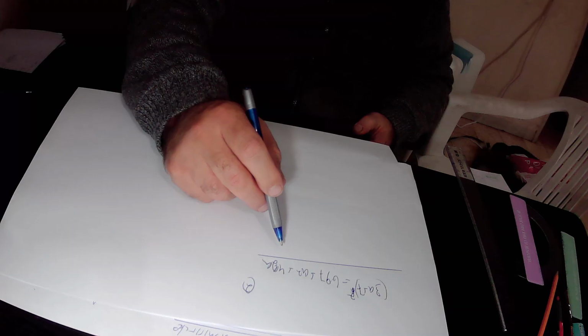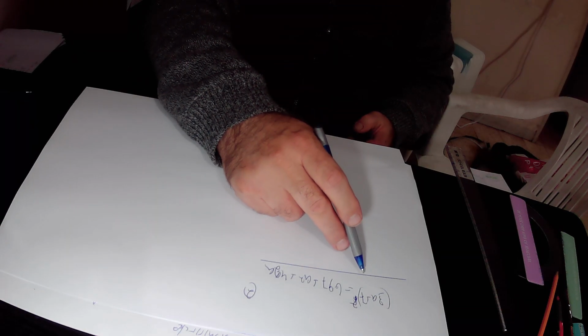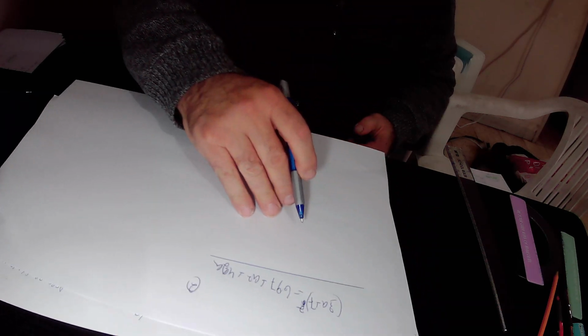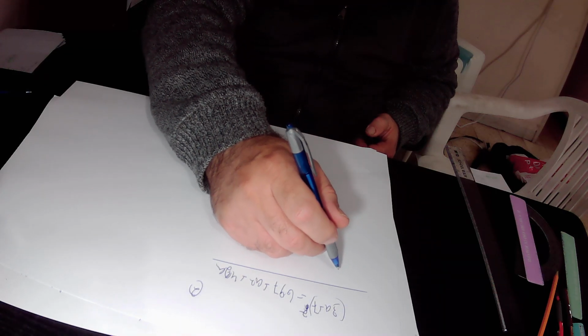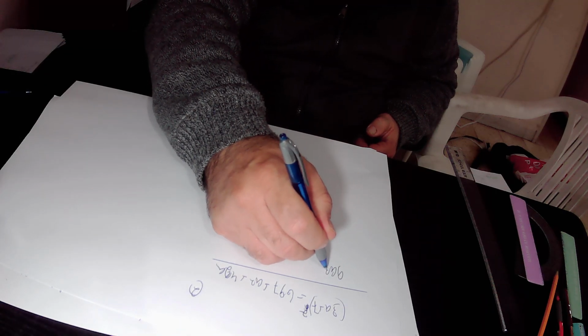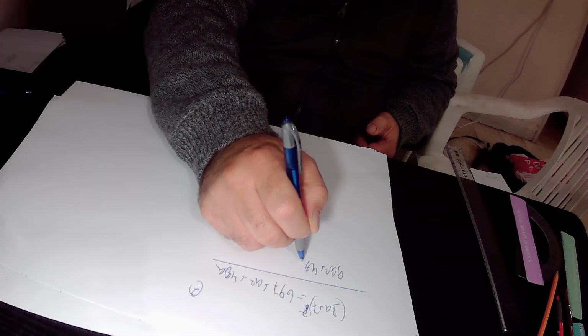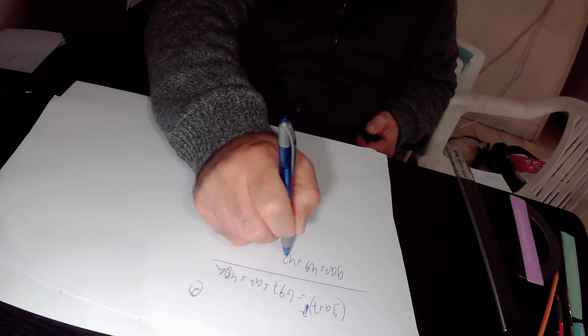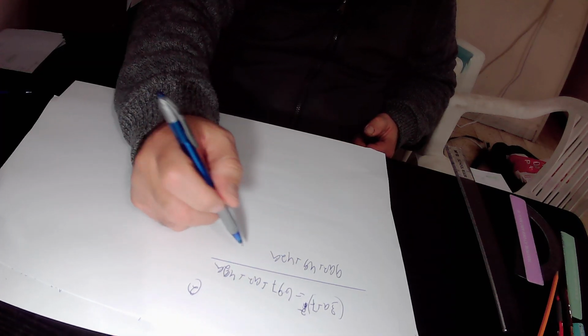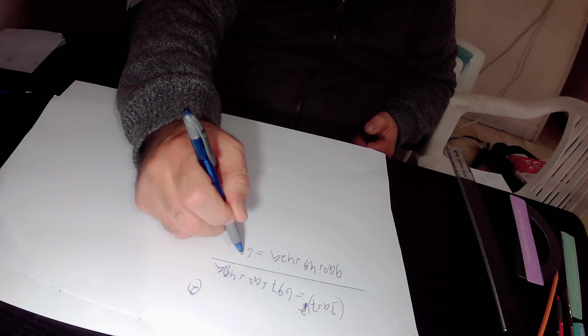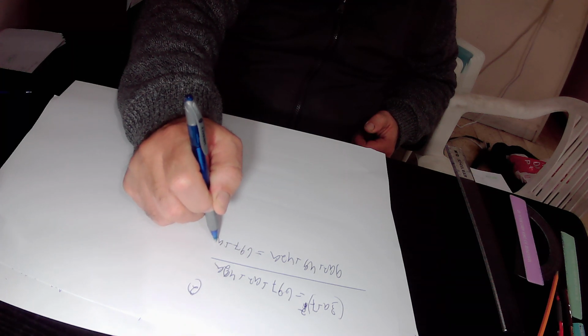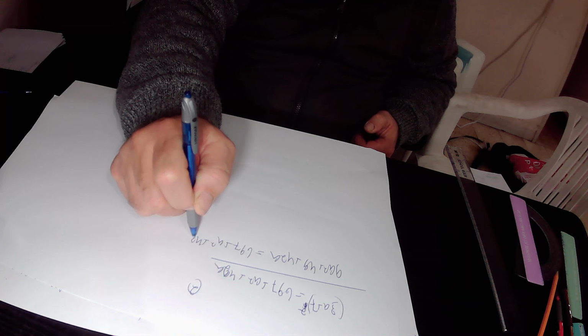Here we'll open the brackets on this side of the equation and we get that 3a plus 7 squared equals 3a squared, that is 9a squared, plus 7 squared, that is 49, plus 2 times 3a times 7, that is 42a. And it equals 697 plus a squared plus 42a.